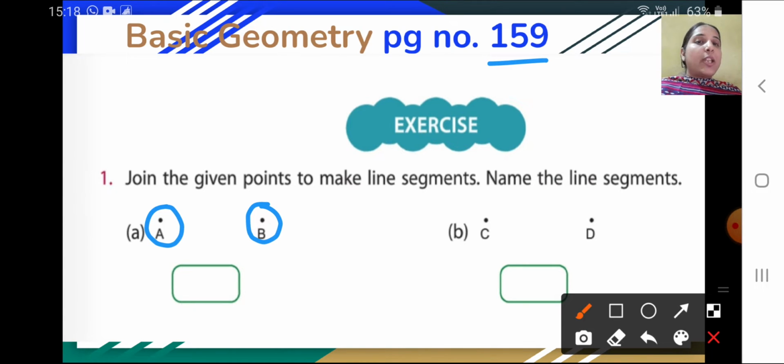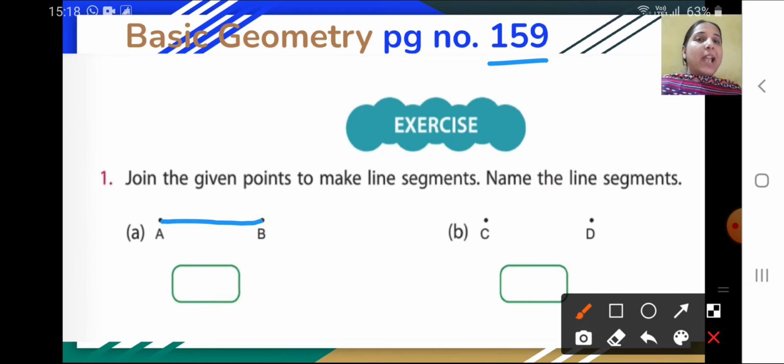So we have to join them with the help of a ruler. Okay, you will not just draw one rough line, you will be using a ruler, that small scale you will be having with you. So with the help of ruler only, we are going to join these 2 points, that is point A to point B. So just place your ruler where it will be joining these 2 points together, and then with the help of your pencil, you will join these points.